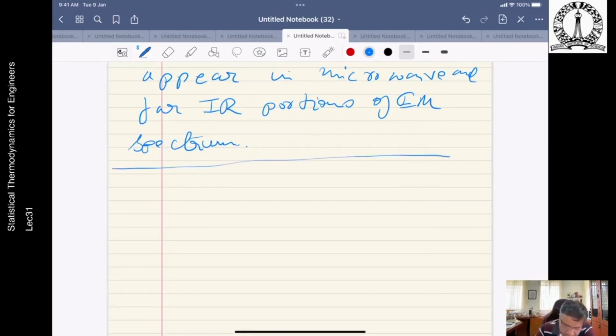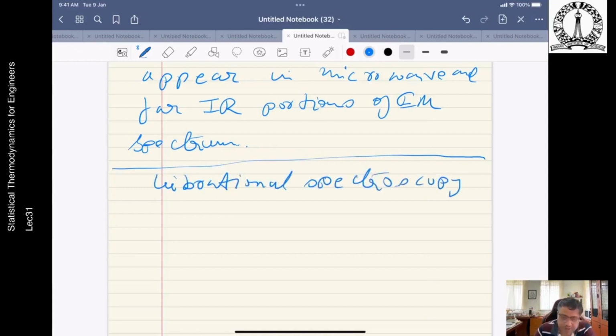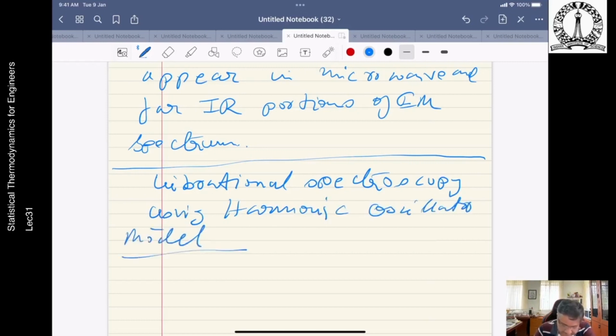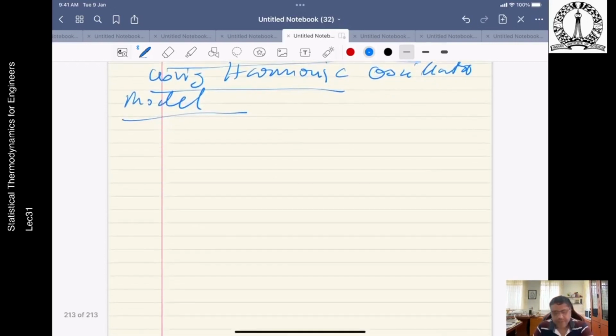Now next comes, of course, vibrational spectroscopy using the harmonic oscillator model.